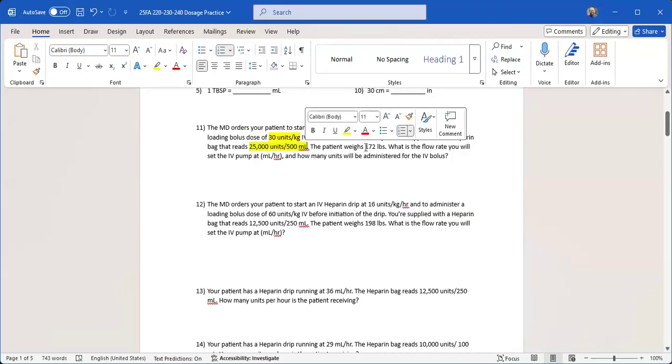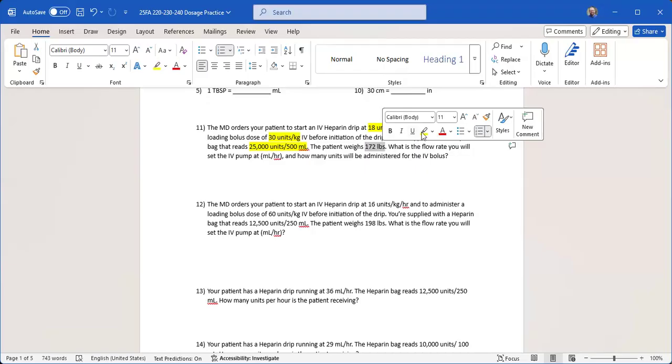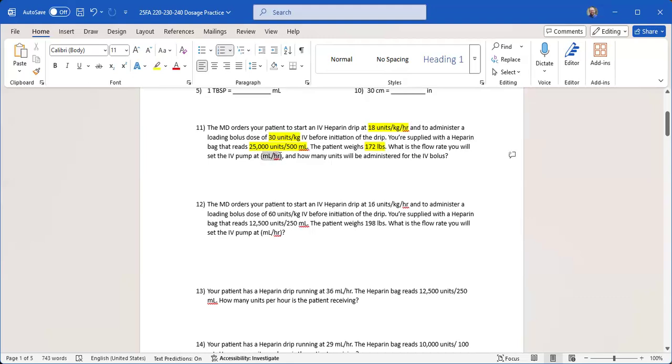We know that the patient's weight is 172 pounds, so we're probably going to have to convert that to kilograms. And then this question just says, what is the flow rate you will set the IV pump at? And it tells you the flow rate in milliliters per hour. And then how many units will be administered for the bolus.